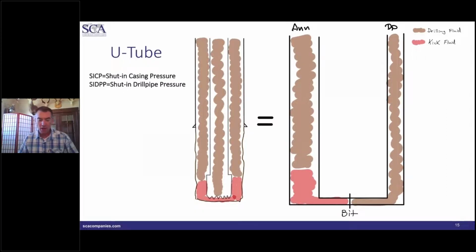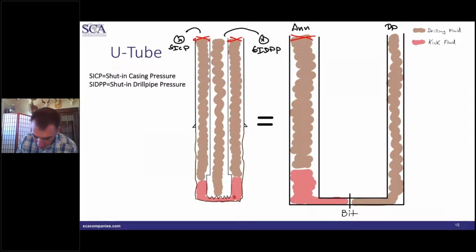If this is shut in, let me shut my BOPs here, I'm going to end up with my shut-in casing pressure here and my shut-in drill pipe pressure over here on that gauge.